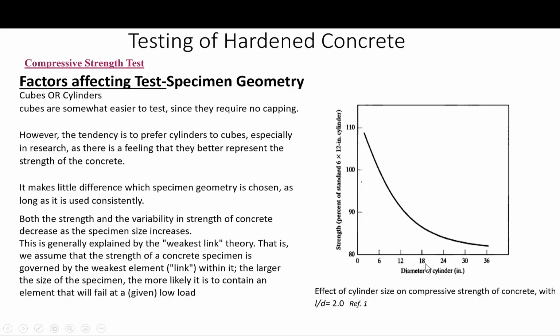That means we increased the size of the specimen. So this is the strength percent of the diameter of the 6 by 12 or 150 by 300 specimen, and here we increase the diameter. As we increase, basically the strength decreases. So this is the effect of the size of the specimen.